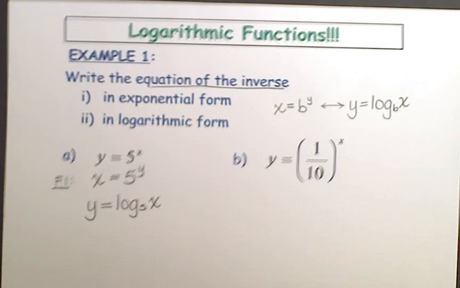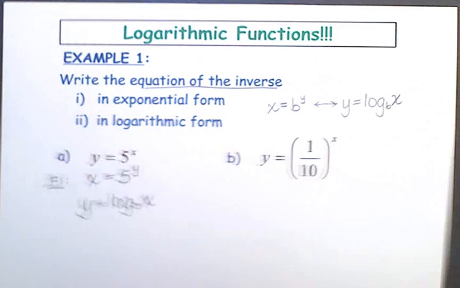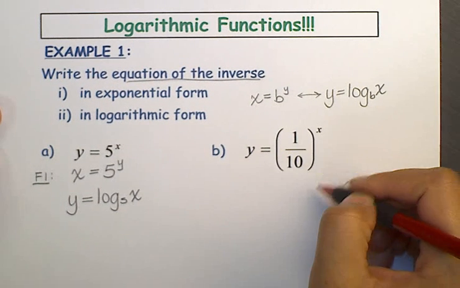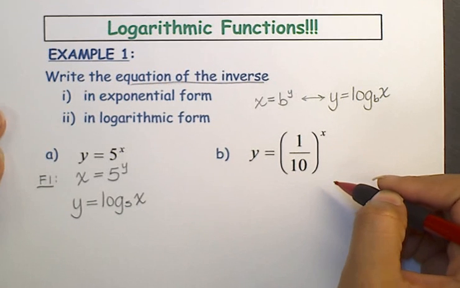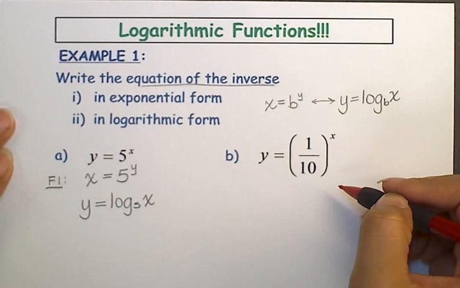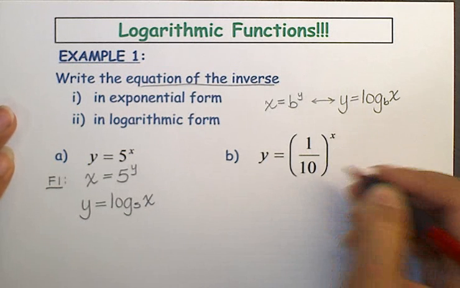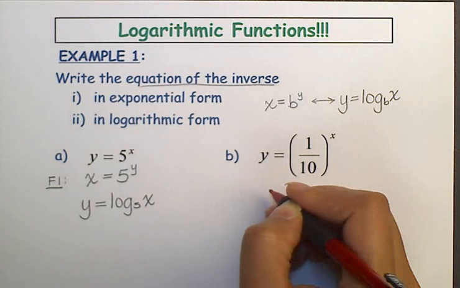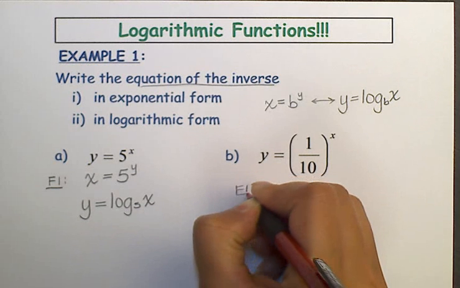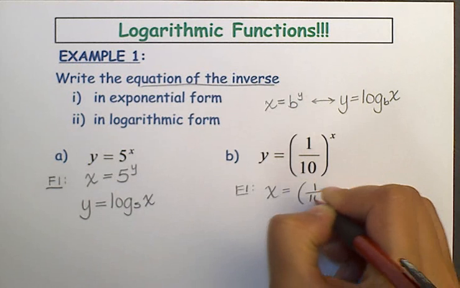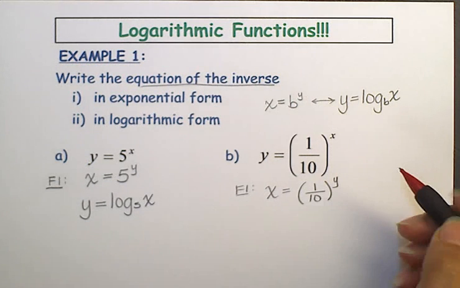Okay, so if I'm looking at the second example, this one's slightly different. I'm looking at a base that's a fraction. Notice that it's still greater than 0. Remember, whenever you're looking at logarithmic functions, the base has to be greater than 0. And in this case, as the inverse, in exponential form, I would have x equals 1 over 10 to the exponent y. So again, I interchange the x and the y.